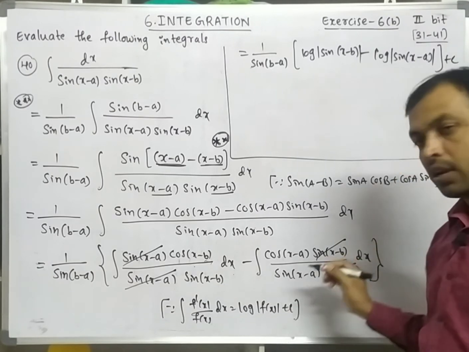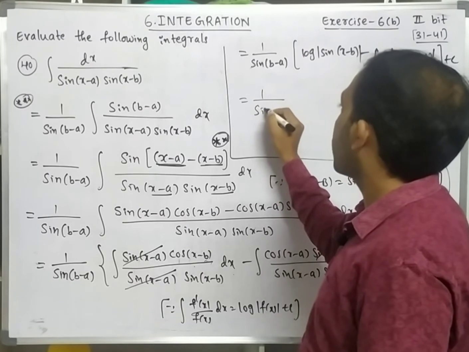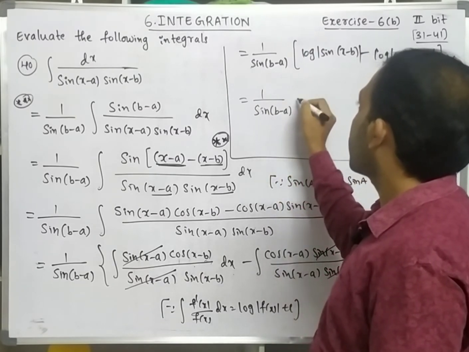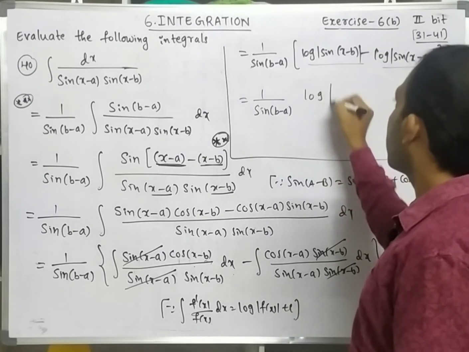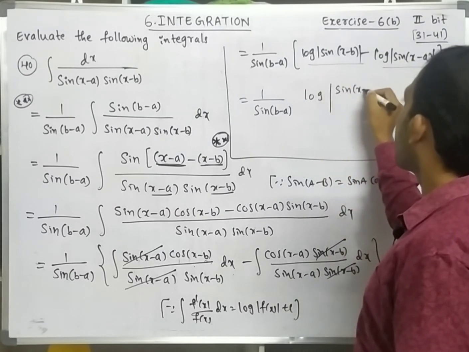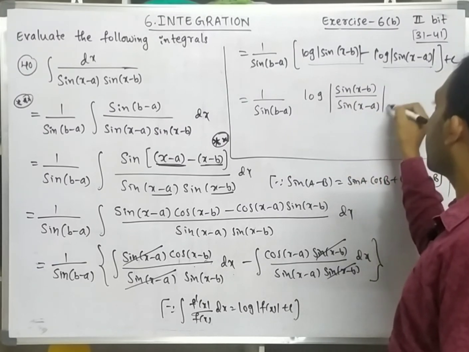Integration completed. Now keep the constant. So finally what is the answer? Sine of b minus a, this is of the form log a minus log b, that is log of sine of x minus b by sine of x minus a plus c.